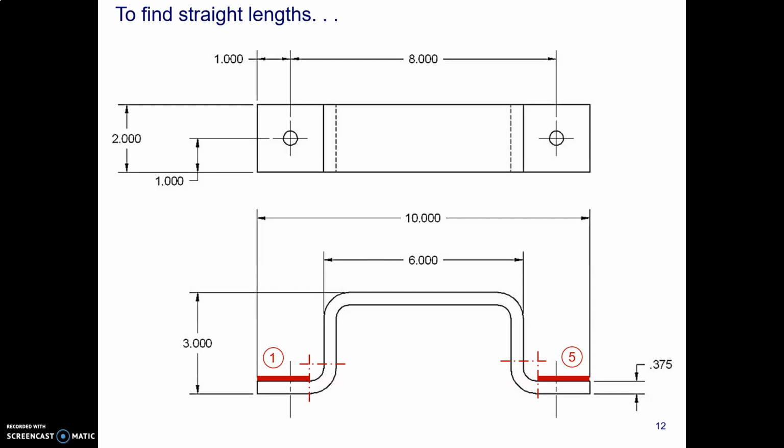First, let's look at these legs at each end of the flat bar. Length 1 here is the same as length 5 because this is a symmetrical part. So we're looking for this straight length here, from the end of the flat bar to where the straight part ends.